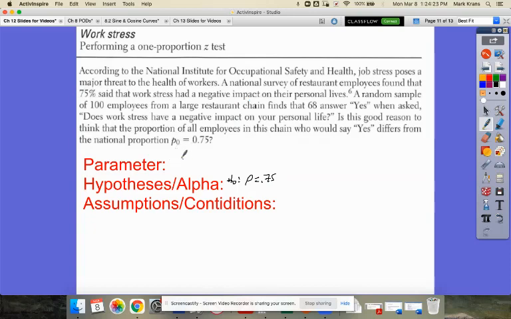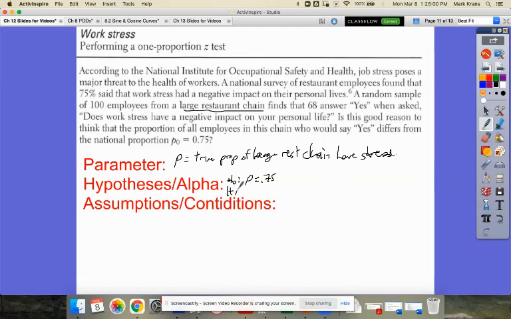The parameter is that p equals the true proportion of restaurant employees. Well, we're looking at this large restaurant chain. We're wondering, does this restaurant chain have the same data as the national survey? Does it agree? Okay. Have stress that affects their work life, something like that, all right?